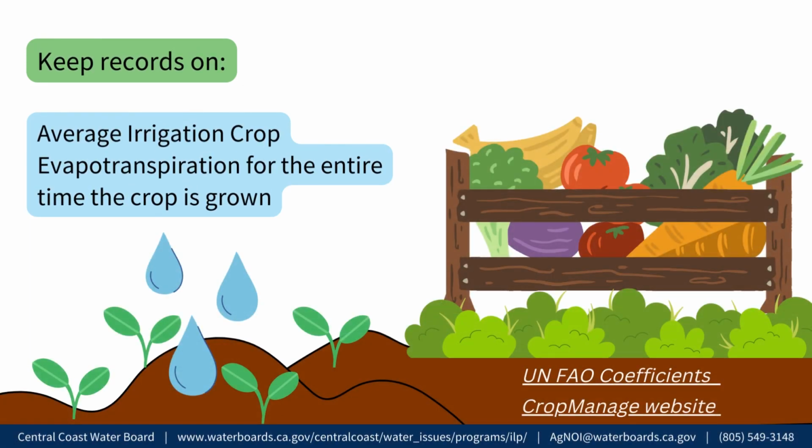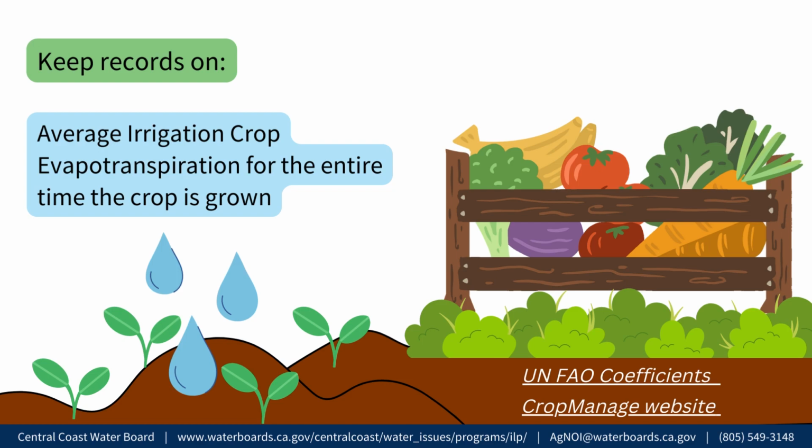Lastly, growers must keep records on the average irrigation crop evapotranspiration for the entire time the crop is grown. This is used to predict how much water a plant uses and evaporates, also known as evapotranspiration. To determine crop evapotranspiration, growers can find the reference evapotranspiration from the nearby CIMIS weather stations and multiply that by their crop's irrigation coefficients.